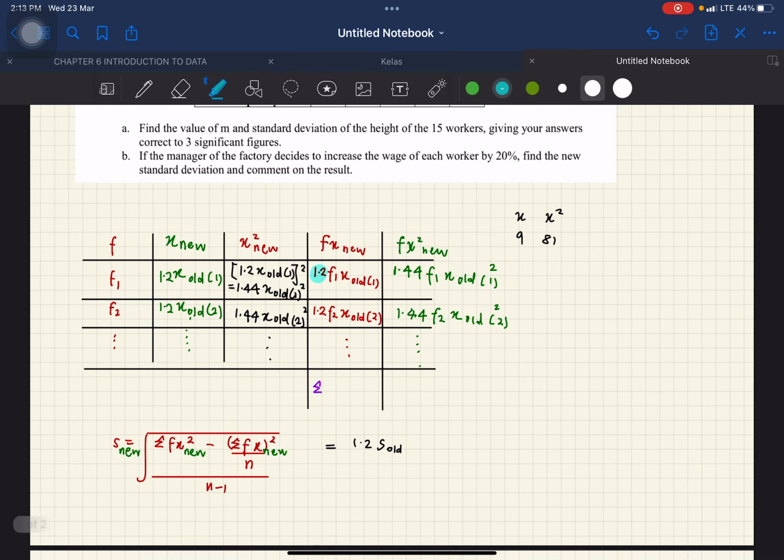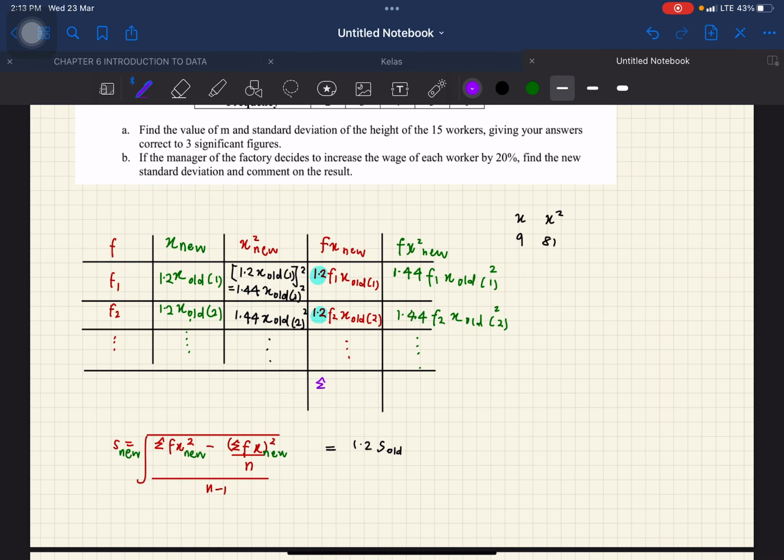This one dengan this one. Okay, so bila awak tambahkan everything, so dia akan ada 1.2. So you have 1.2 F1 X old 1 tambah 1.2 F2 X old 2 tambah. Okay, so kalau ikutkan dekat semua nilai ni, dia ada 1.2 in front. So I take the 1.2 keluar.